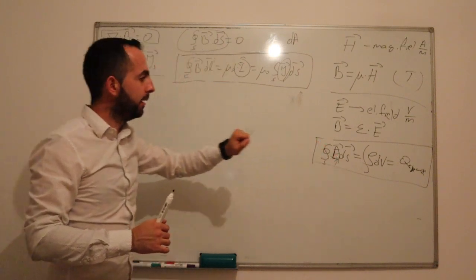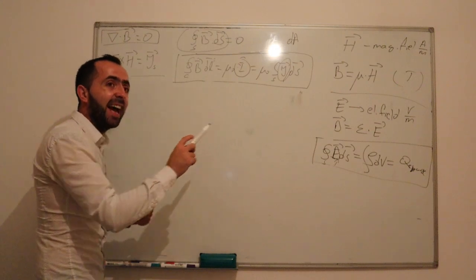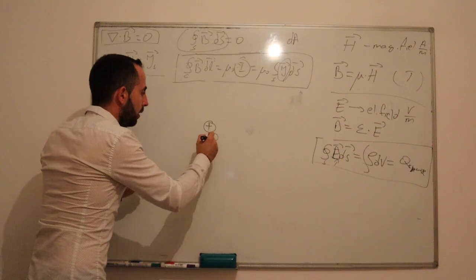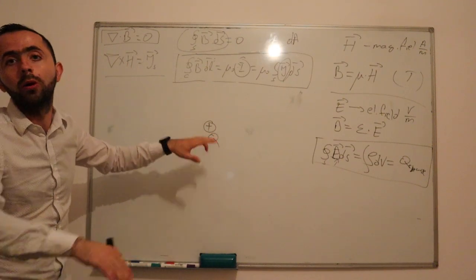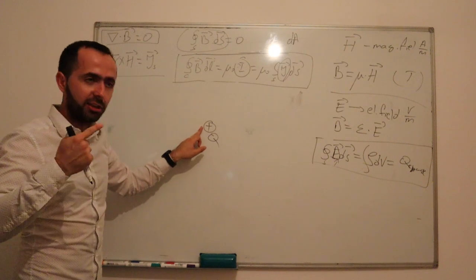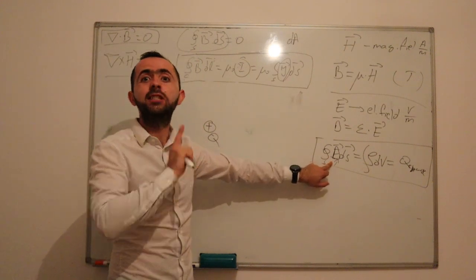Here we had that the electric field has a source which is charge, and we said, okay, Q, let's say a positive charge. If it's a positive charge, that means it is a source.